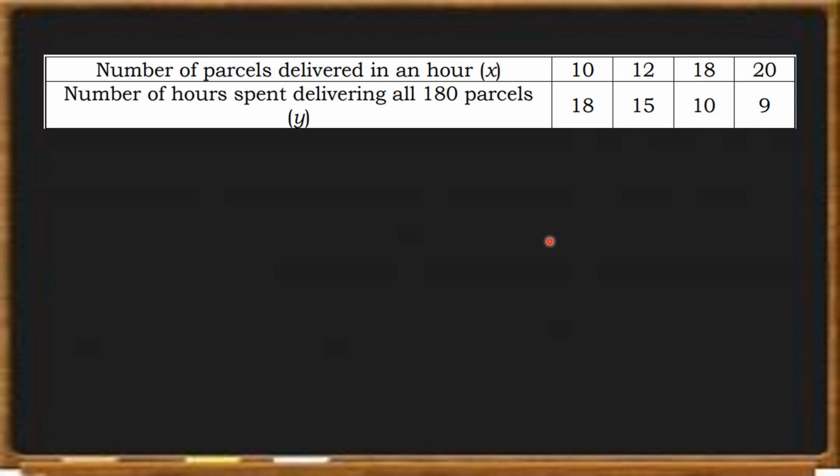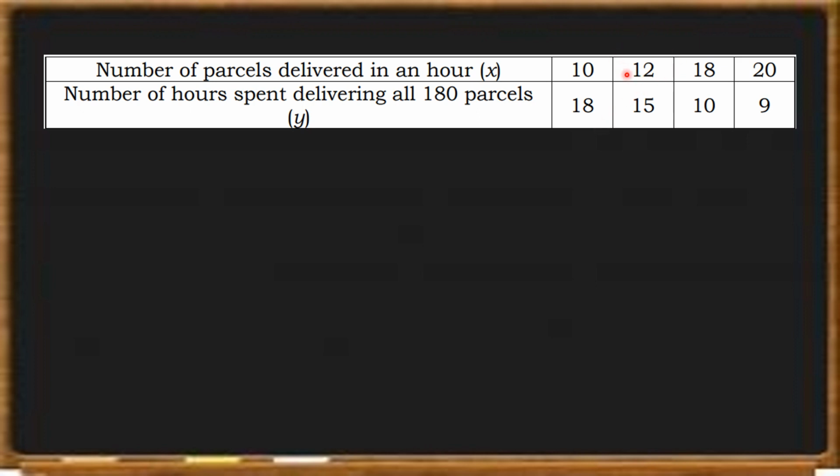Okay, so given this table, the number of parcels delivered in an hour is represented by X, and the number of hours spent delivering all 180 parcels is represented by Y. So, they have 180 parcels to deliver. If they deliver 10 parcels per hour, they will finish the 180 parcels in 18 hours.